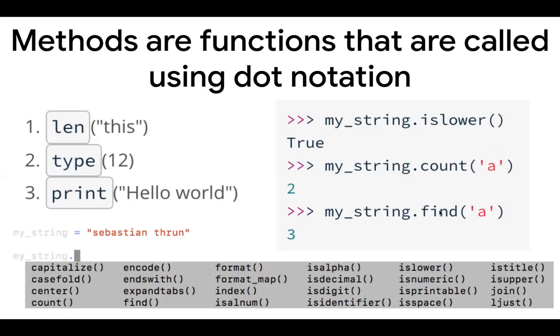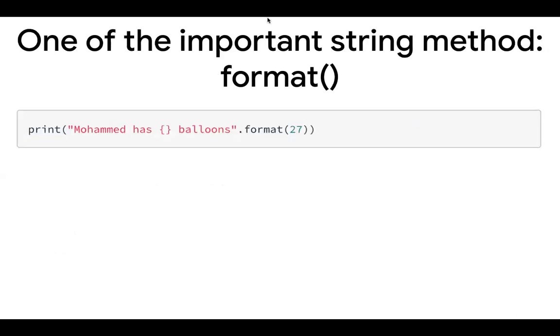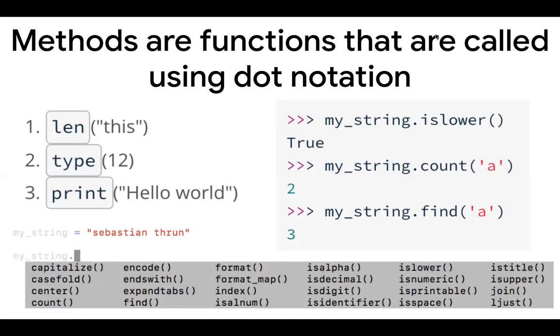Then the find method returns the index of a character. So A would be in the third index, the index of the character that it first encounters. So although we have 2 A's, the first one is in the position of 3.